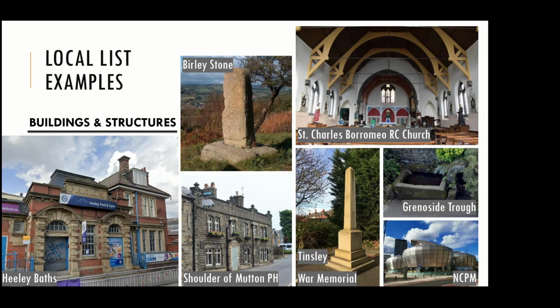the more contentious, this is probably our most modern building on the local list, the former National Centre for Popular Music in Sheffield, made to look like, well, I think earbuds, but the museum itself was constructed around the millennium. It failed as a museum and became Hallam University's union, but the buildings are very iconic. And it was quite a big discussion about what they actually mean in terms of the historic interest.